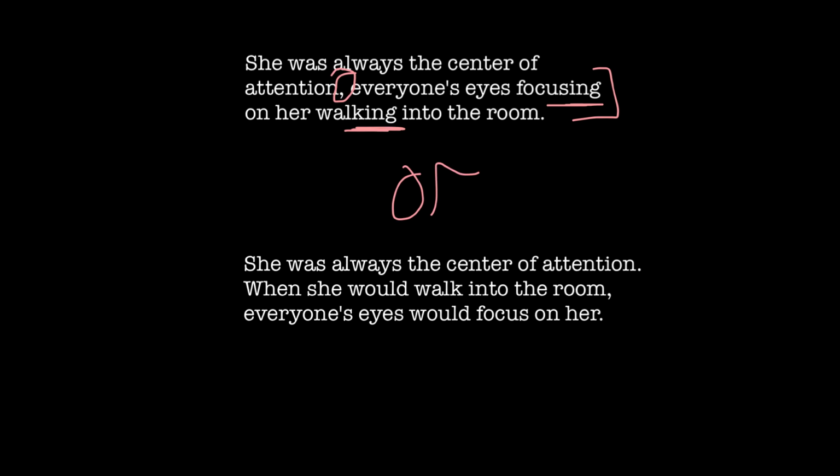Or another example is to go ahead and change the form of the verbs and make it a separate sentence. So instead of the ing forms having walk and then focus, it reads, she was always the center of attention. When she would walk into the room, everyone's eyes would focus on her.